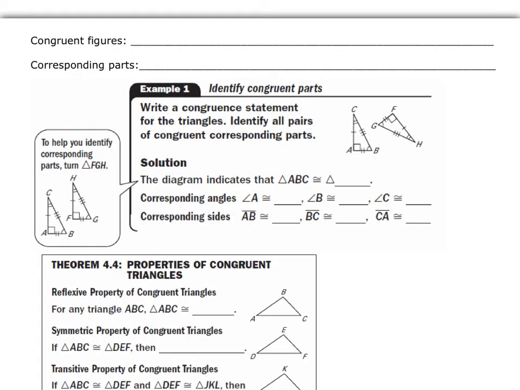Now, this is all going to be review. We have congruent figures. All right, they are figures with the same size and the same shape. And then inside of the congruent figures, we have corresponding parts.